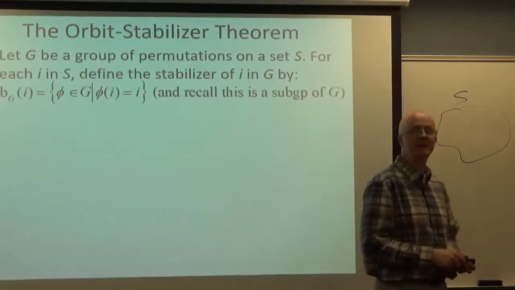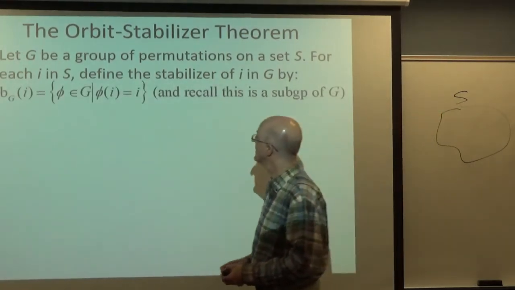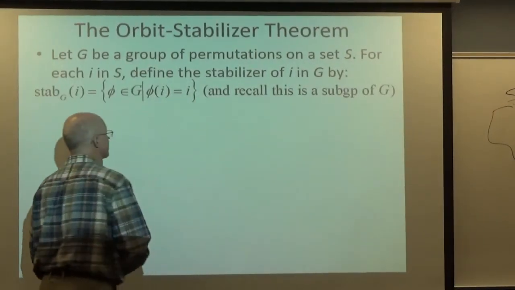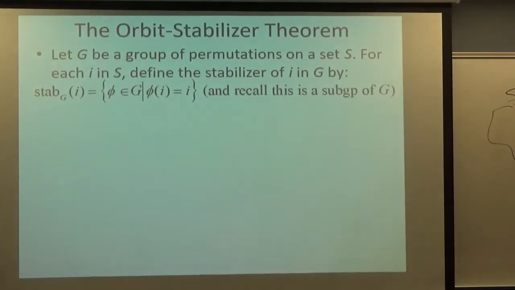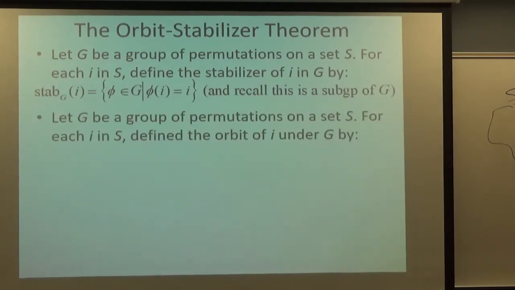The stabilizer of I is the set of all permutations that map I to itself. And you proved on exam 1 that that was a subgroup of G. Elements of the stabilizer are permutations. They are elements of G. Here's something new.